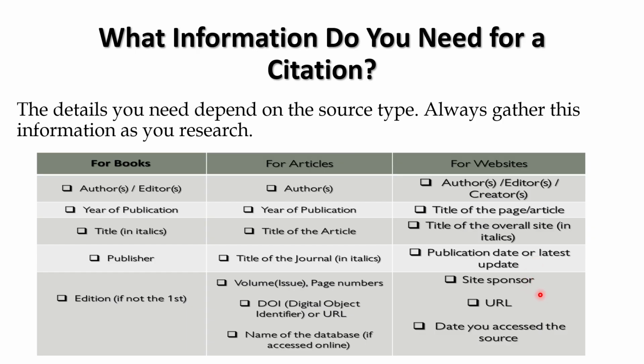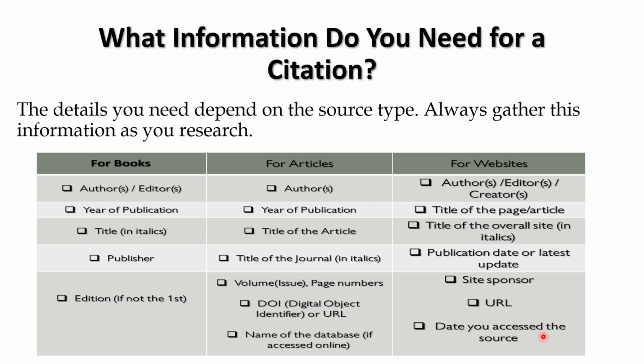Then we have site sponsor. Who is responsible for the site? For example, a university, a government agency, a non-profit organization, and so on. The URL, the full web address, and the date you accessed the source.